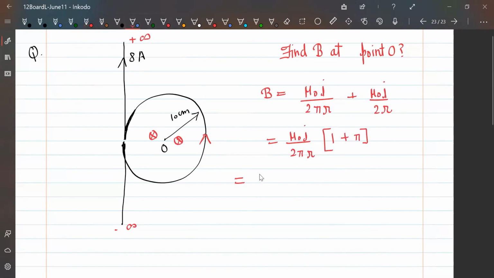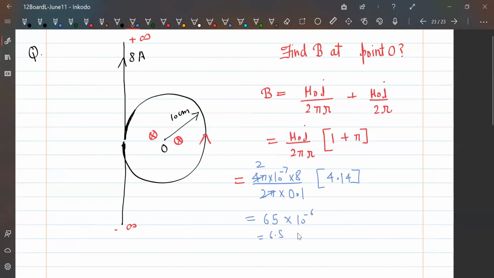Putting in the values, mu naught is 4 pi into 10 raised to minus 7. Current is 8 ampere, 2 pi is 2 pi, radius is 10 centimeters, so 0.1 meter. 1 plus pi, that was 4.14. This goes 2 times. So 16 into 4, 64. Approximately 65, into 10 raised to minus 6.